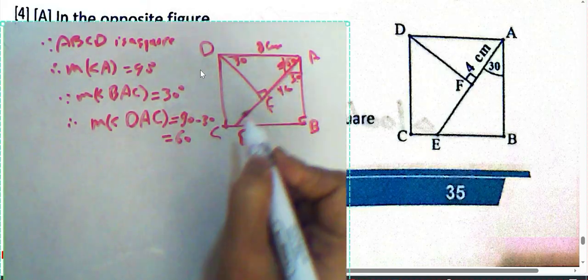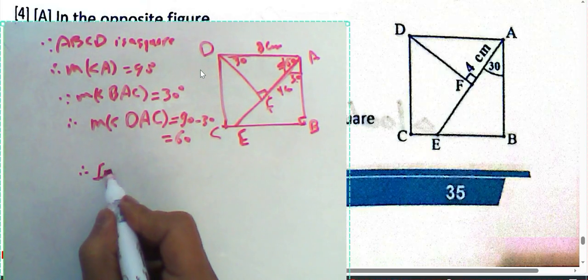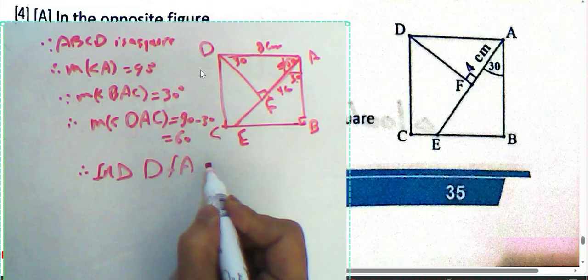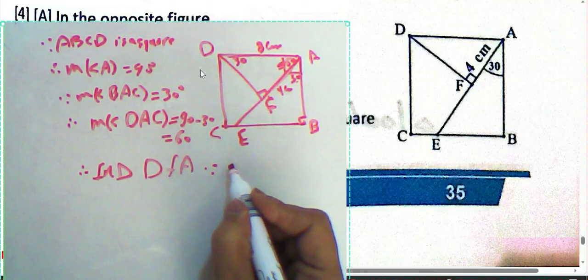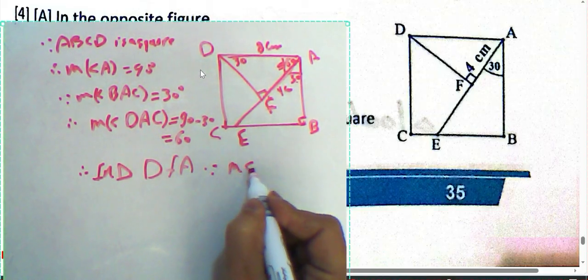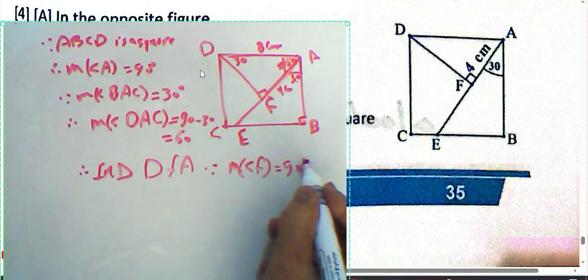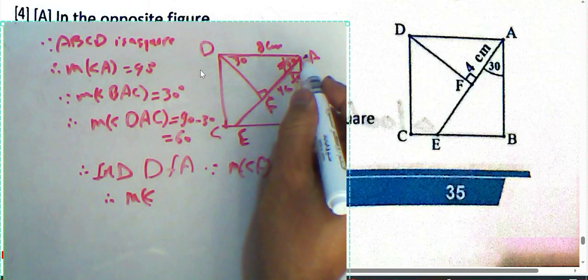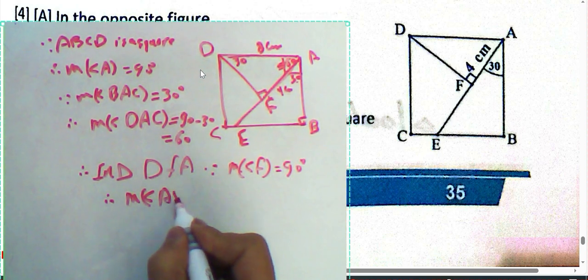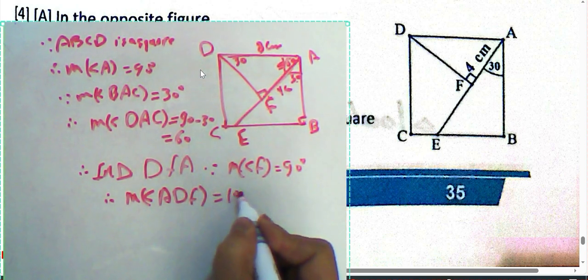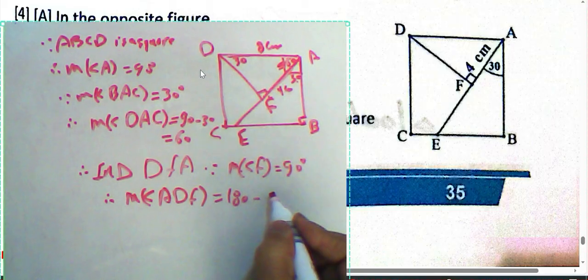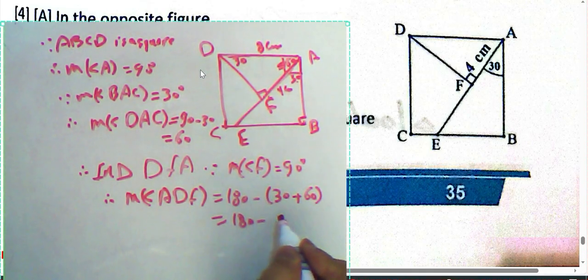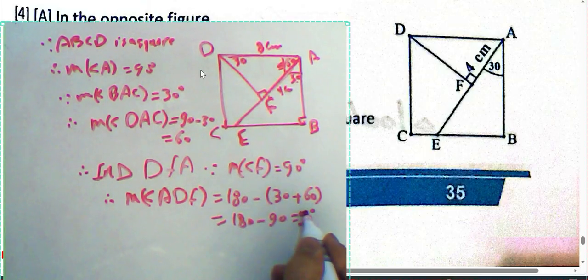This angle is 60 degrees. Then in triangle DFA, such that the measure of angle F equals 90 degrees, then the measure of angle ADF equals 180 minus the sum of the interior angles, 30 and 60. 180 minus 90 equals 90 degrees.